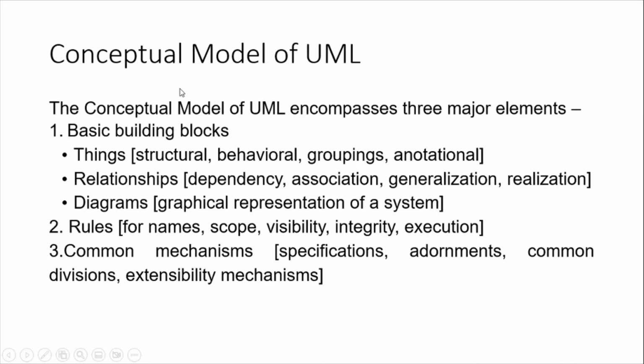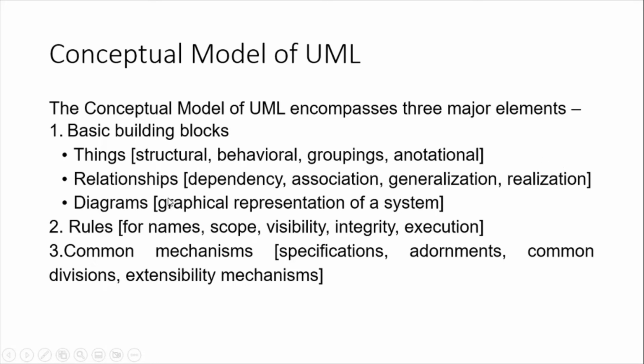The conceptual model of UML encompasses three major elements, which includes the basic building blocks for the things. We do have the structural, behavioral, groupings, and annotational. We do have the relationships: dependency, how are objects dependent with another, the association or their relationship, the generalization, and the realization.